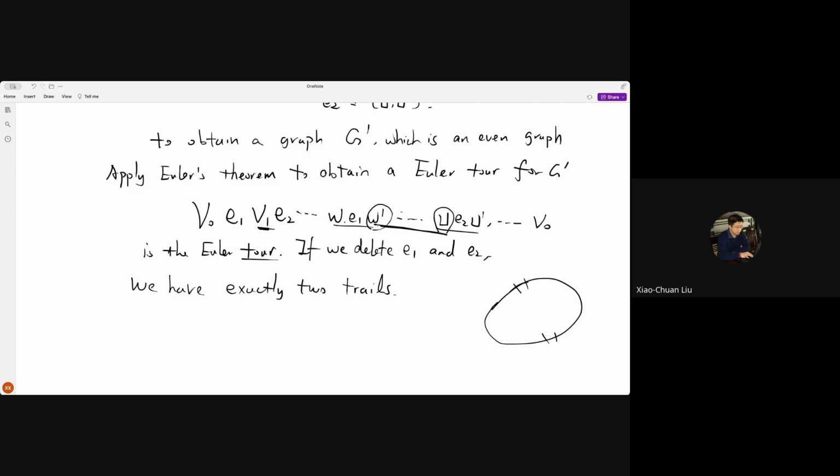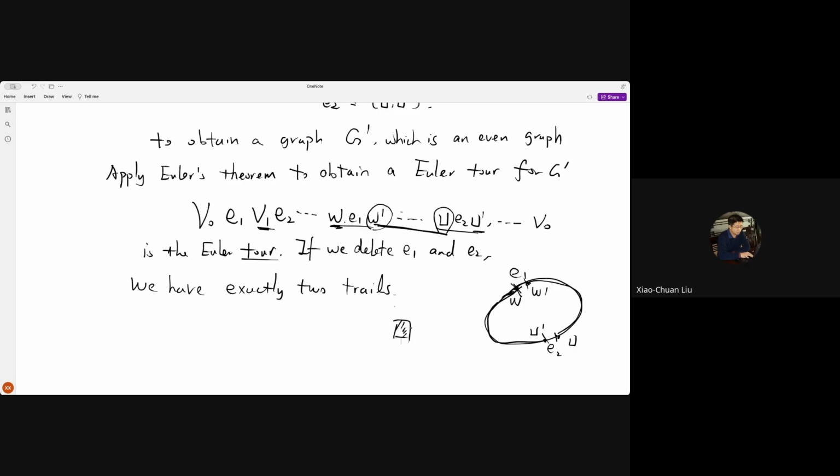The other trail starts from u prime and comes back to w. For example, this is my e1, with this vertex w and this vertex w prime, and this is e2, with this vertex u and this vertex u prime. I delete these two edges and I get two trails, and their union covers all the edges. This is the proof.